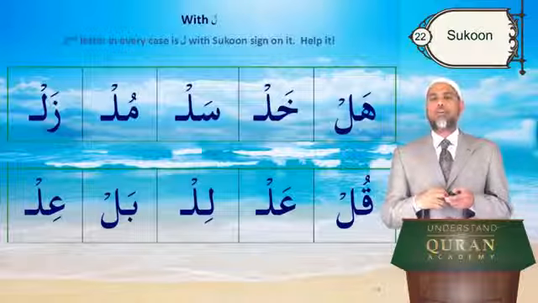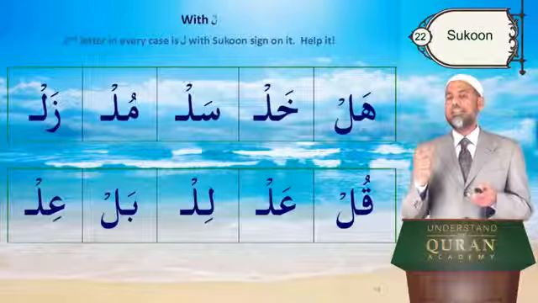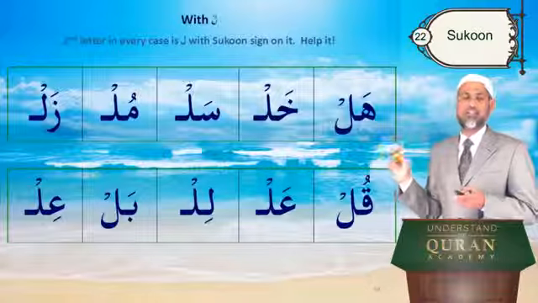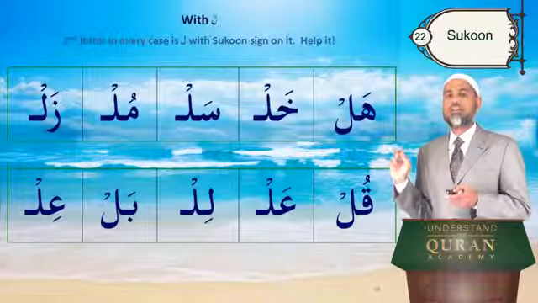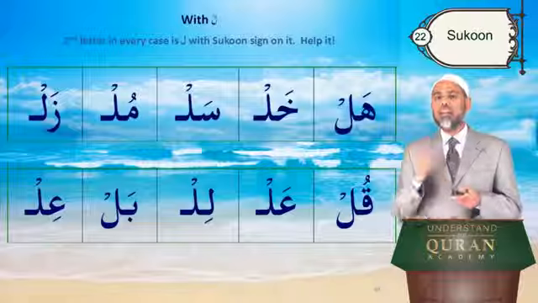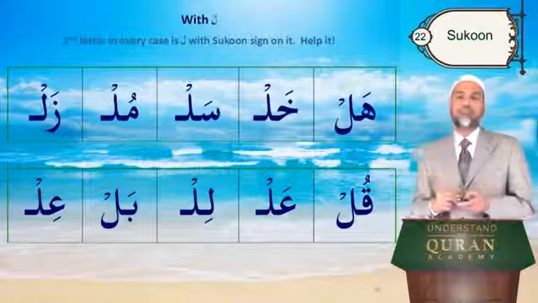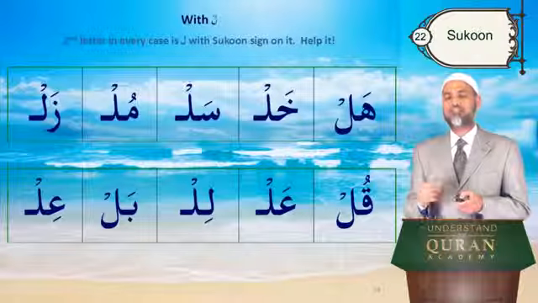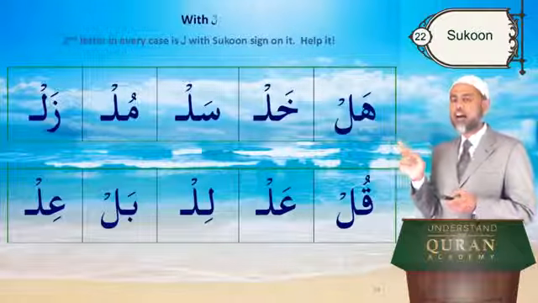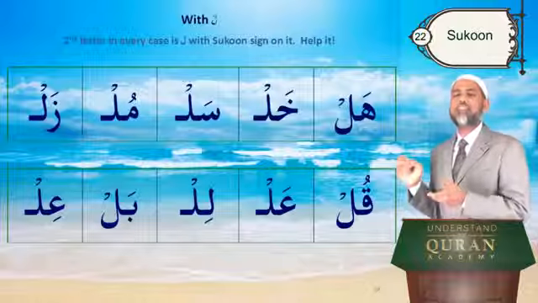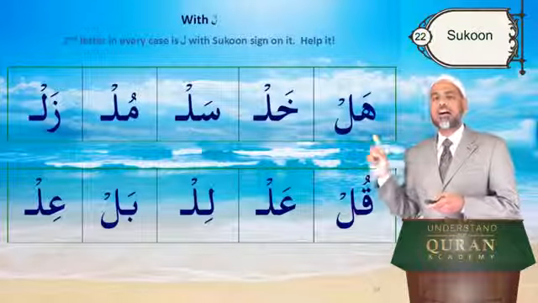So let's see the pair with lam. Here the second letter in all these cases, in the 10 pairs that you see, is lam with sukoon. So you have to help lam. So let's start. Hal. So ha is helping lam. Hal. Khal.